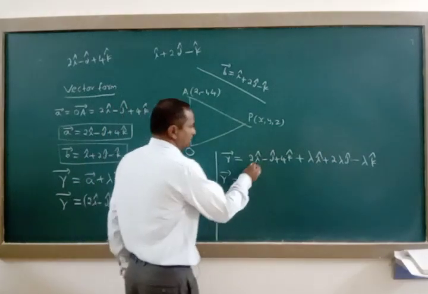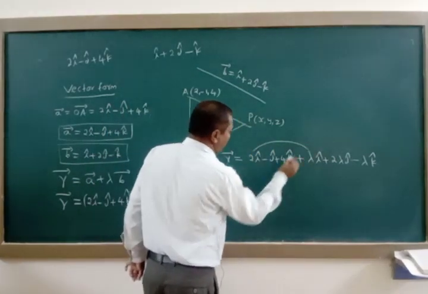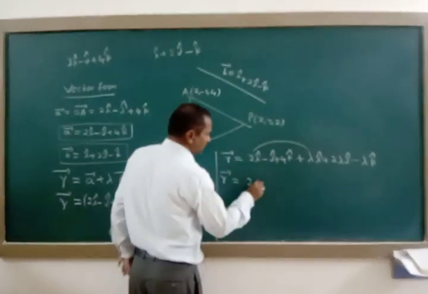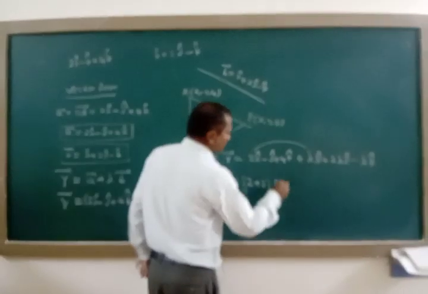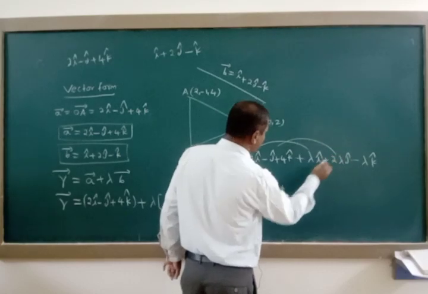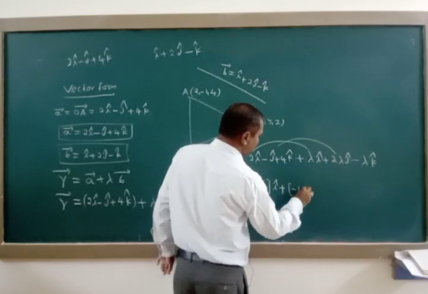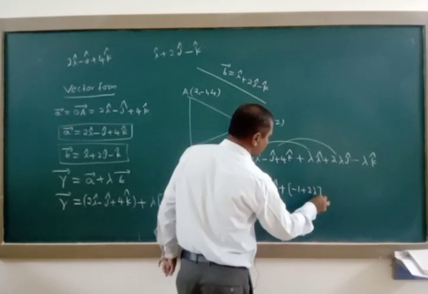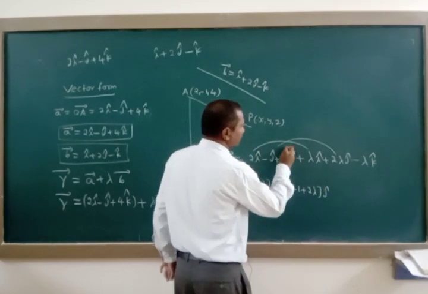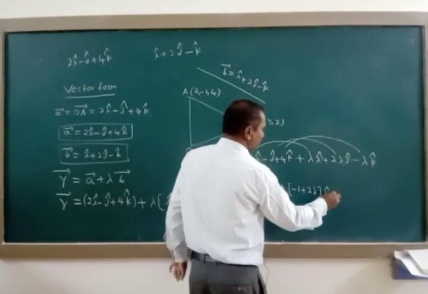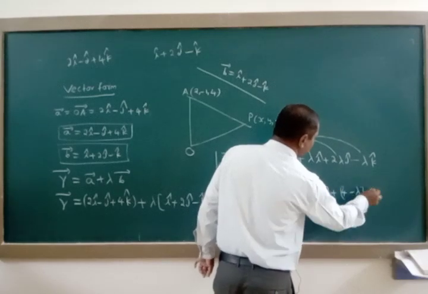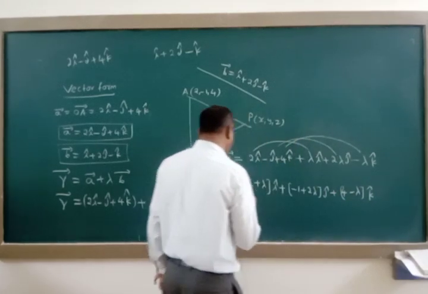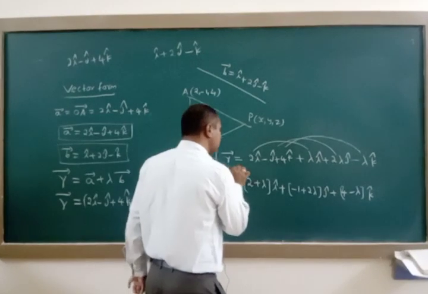From the i cap terms you get (2 plus lambda) of i cap, from the j cap terms (minus 1 plus 2 lambda) of j cap, and from the k cap terms (4 minus lambda) of k cap, which is the vector form of equation of straight line.